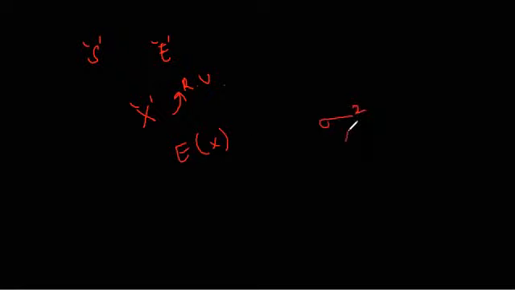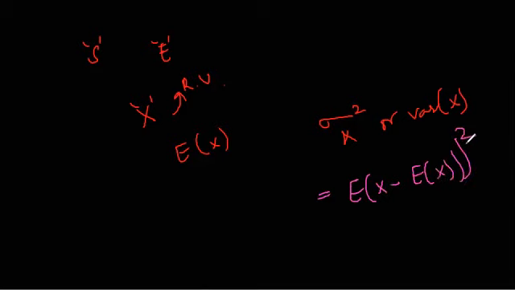Suppose S is the sample space for an experiment E, and X is the random variable you're assigning to your outcomes in S. So a random variable is being assigned to the outcomes in S, and E of X is your mean or expected value of X. Then the variance is denoted by sigma square X, or also by variance of X, and it will be equivalent to E of (X minus E of X) square.